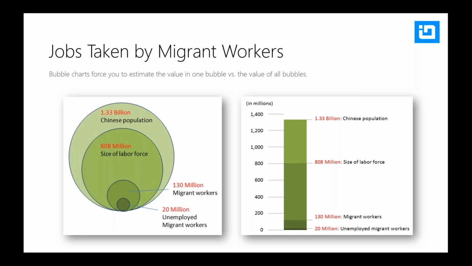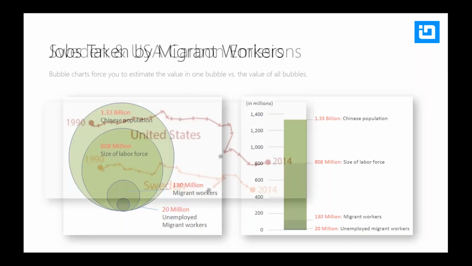Are migrant workers really taking jobs, or is the labor force strong with people that live within the country? Really, the best way to look at this is on the right-hand side. If you look at the overall population in China and the migrant workers, you'll see that migrant workers are a very small percentage of the people potentially taking jobs away from the Chinese population.